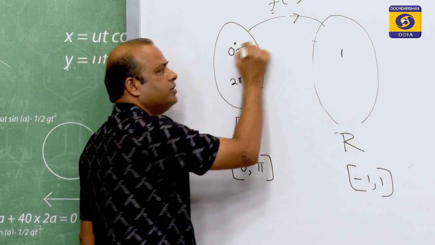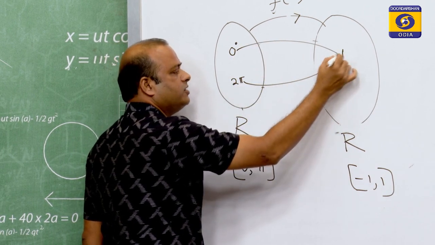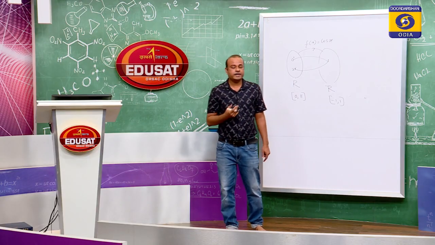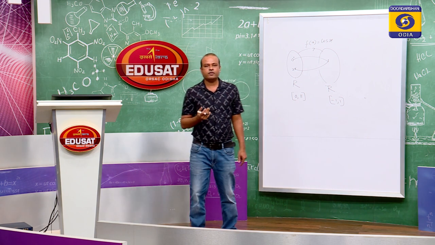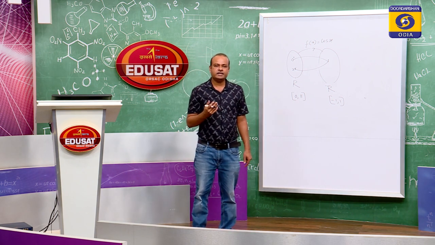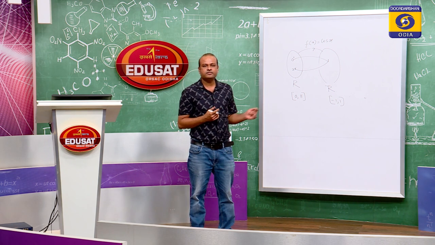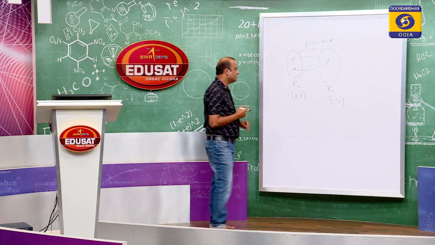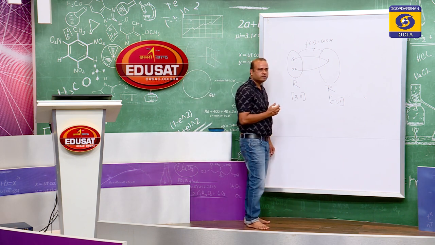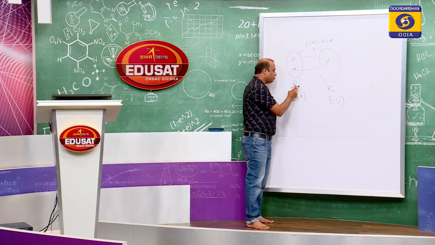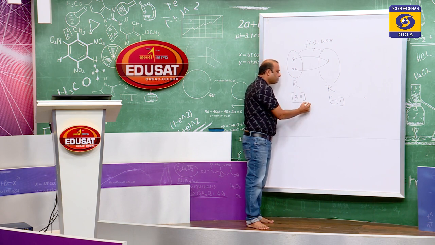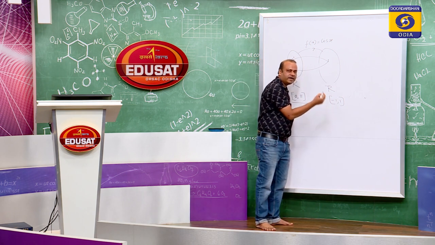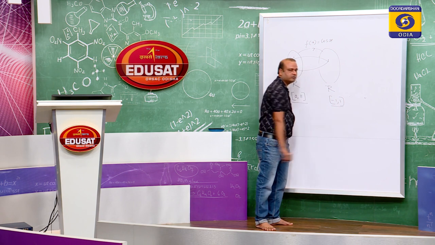Hence, the inverse of the function does not exist, that is, here in this case it is not 1 1. So, to make cos x 1 1, we have to consider the domain as the closed interval of 0 to pi and the codomain as well as the range set minus 1 to 1.